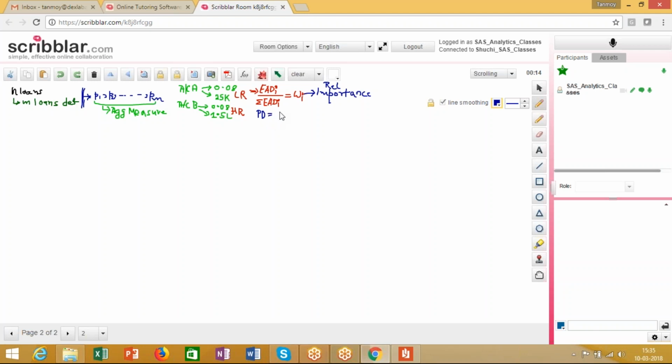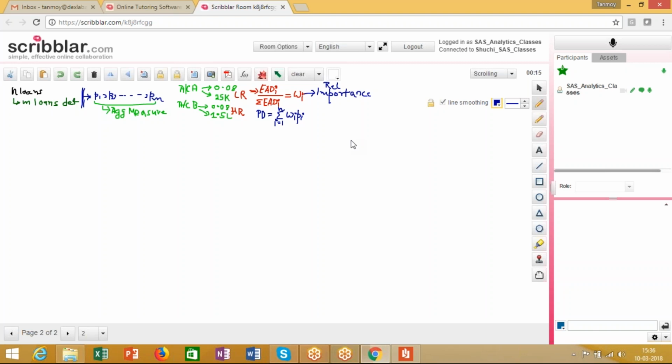So over here, what happens is, the portfolio PD will be the summation of Wi times PDi, right?